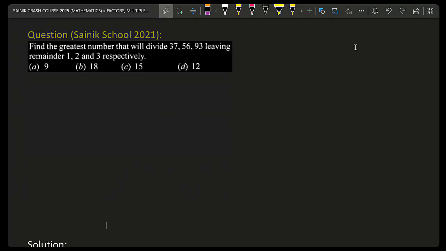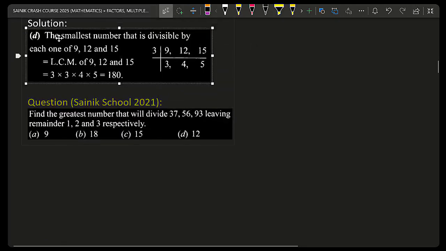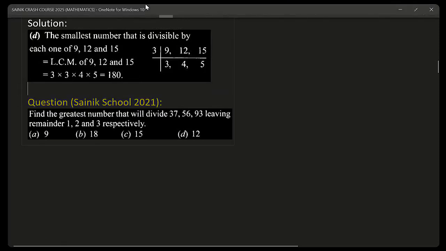Sir, the question is not visible. The question is visible, but the first letters are not visible, sir. Wait a minute. Is it visible now, Pranay? No, sir. First letters are not visible. I think you're watching it in vertical mode or horizontal mode, the tab.